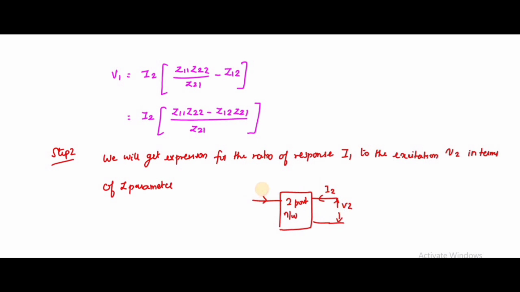Here it is minus I1. So I substitute in the first and the second equation: 0 is equal to Z11 I1 minus... Z12 I2 with the sign change, and V2 is equal to minus Z21 I1 plus Z22 I2.